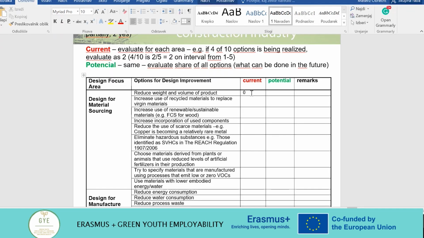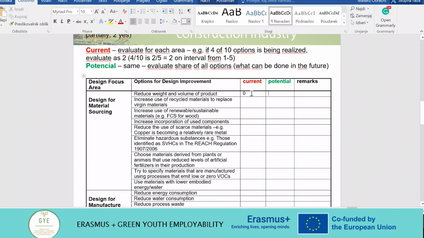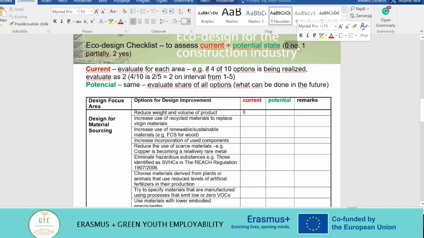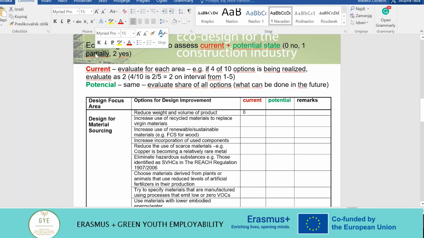Maybe we can reduce the plastic that is embedded in the plastic bottle by 20%. So you can assess it: 0 is no, 1 is partially, and 2 is yes. So the potential is big.